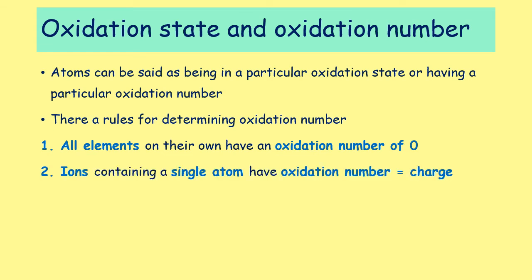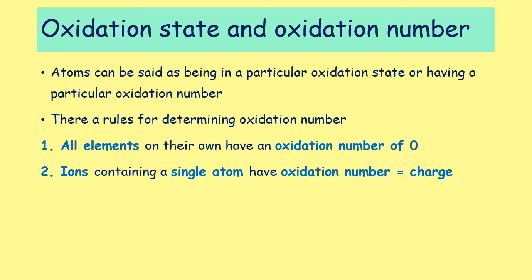If you are an ion made just of one element and you have a charge, so for example, if you were an Na+, a sodium ion, your oxidation number is equal to your charge. So a sodium ion would have a charge of 1+, an oxidation number, sorry, of +1. If you are a magnesium 2+ ion, your oxidation number is +2. It also works for negatively charged things as well.